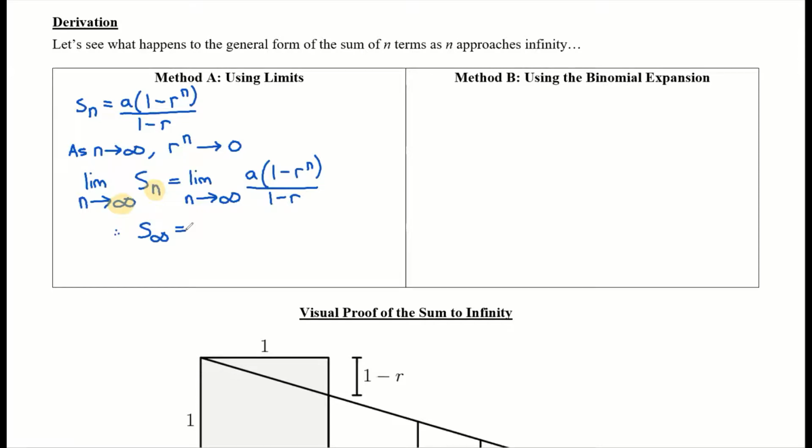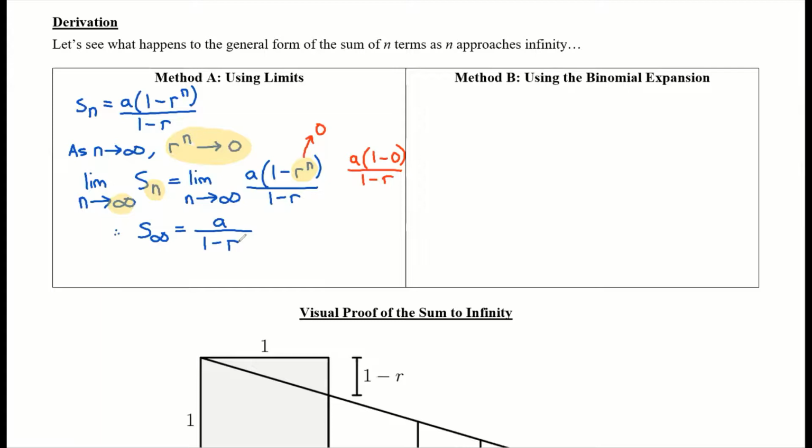Well, we know from what we've just said, from this step here, that this is just going to approach 0. So we're left with a multiplied by 1 subtract 0 over 1 subtract r. So this is going to be the sum to infinity. So you're just going to be left with a over 1 subtract r.